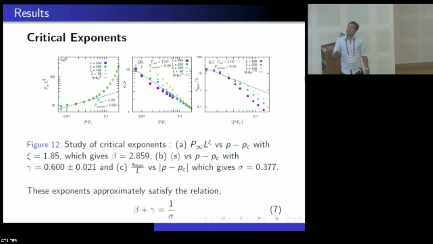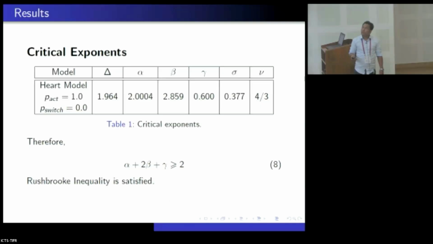We plot this, and after plotting, we get the beta value as 2.859, gamma is 0.6, and sigma is 0.377, which approximately satisfies this relation. And there is a tabular form of all these critical exponents we get, and using these exponents, we can satisfy the Rushbrooke inequality.